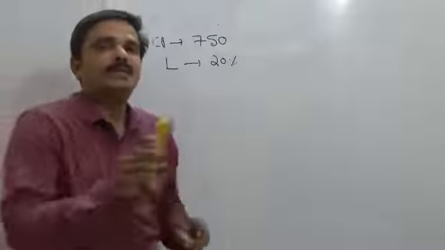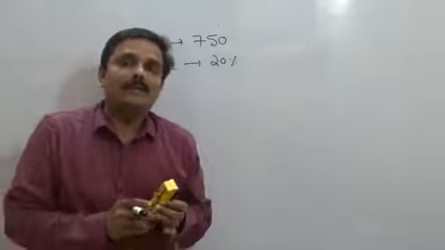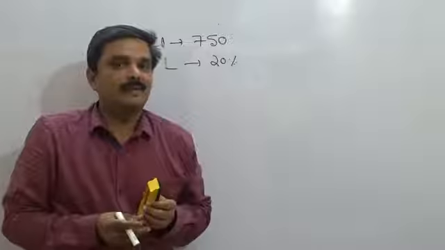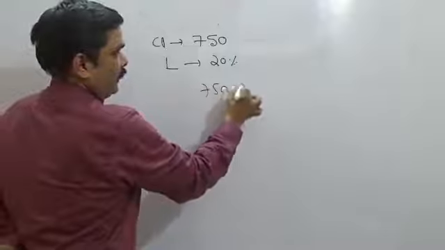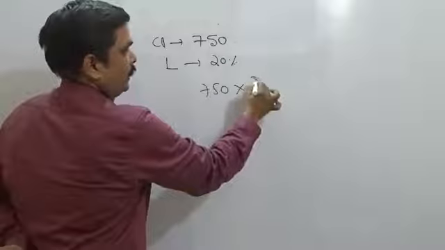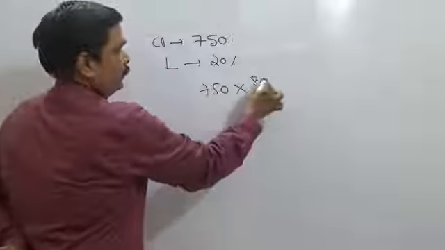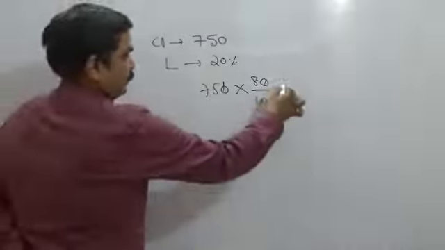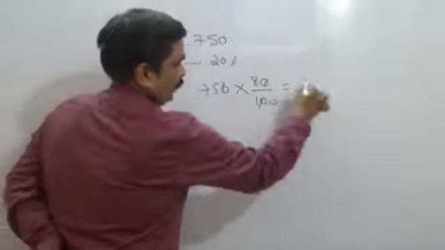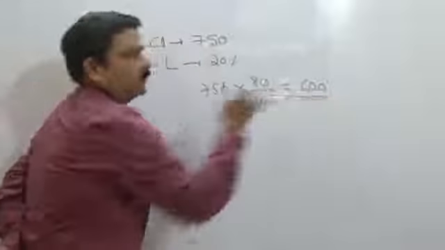For how much does he have to sell it to get a loss of 20% is the question. In this case also, straight away my answer is 750 into 80 by 100, since 20% is lost. So my answer is 75 into 8, which is 560 plus 40, total 600. That is the right answer.